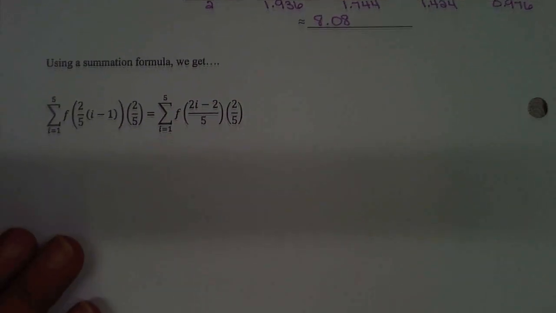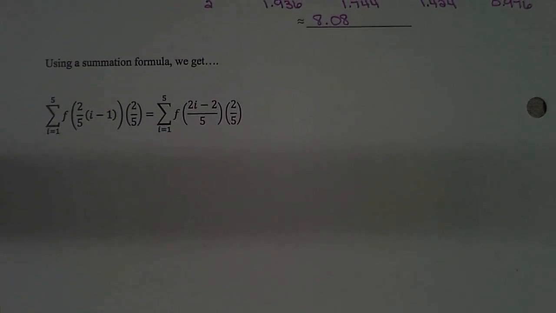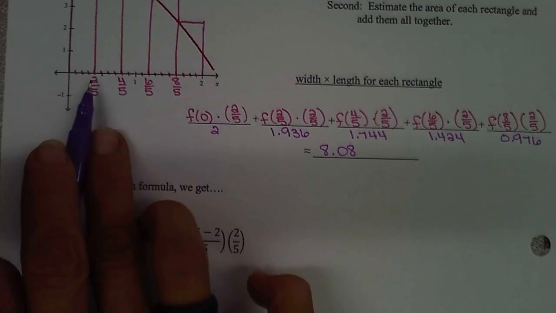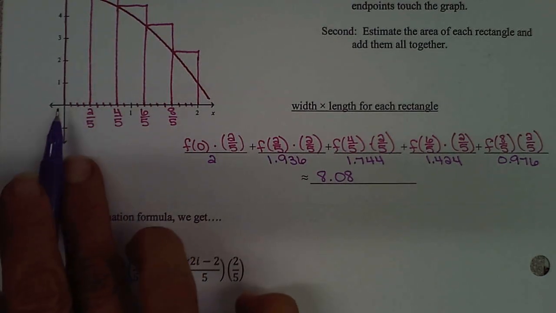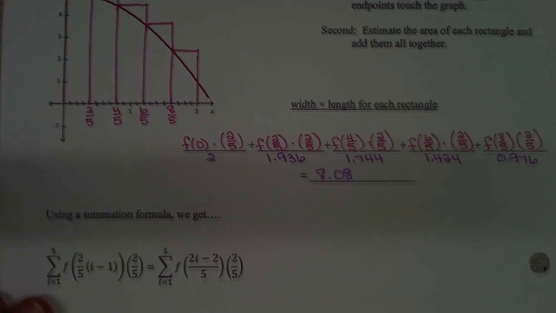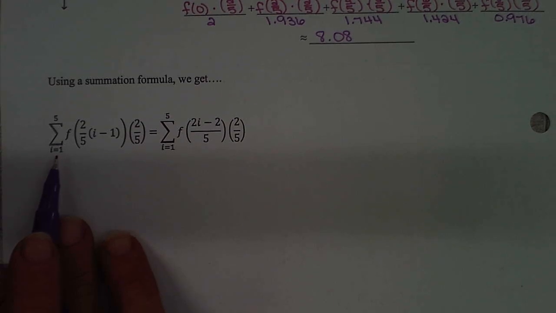Now, for the summation formula, this one's going to look a little different than the last one, simply because we don't want to plug in 2/5 into the function over and over again, because the first one that I want to plug in is actually the one before 2/5. So I want to plug in when it's a 0. But our summation formulas only work when we start at 1.